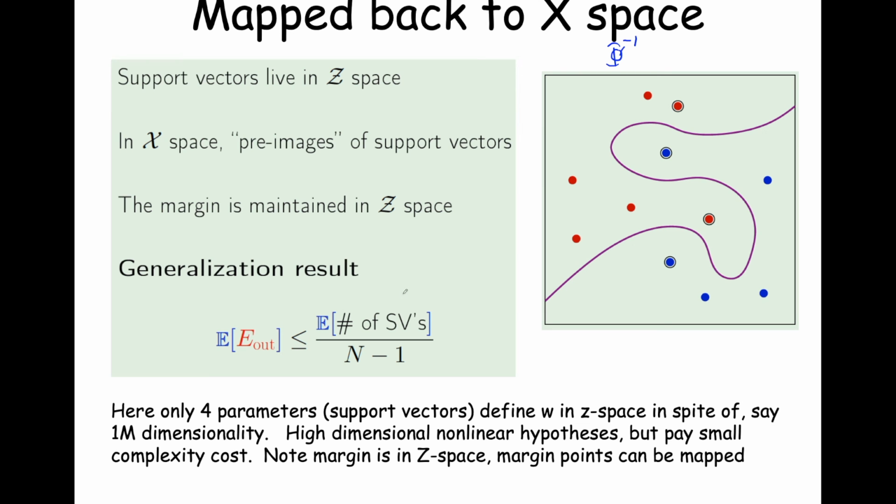What this says is that we can draw a very complex nonlinear decision boundary with a lot of degrees of freedom, but pay the cost in the complexity sense of the word in terms of only a relatively small number of support vectors. Pretty powerful. And we'll talk about that in detail in a subsequent module when we talk about kernels, a very clever way of doing this phi function transformation without actually performing the mapping.